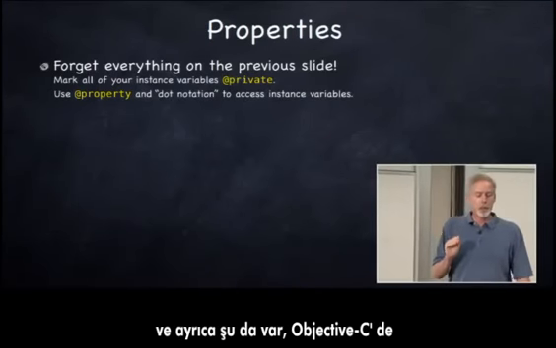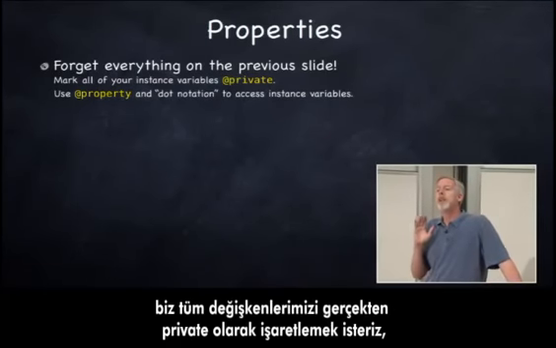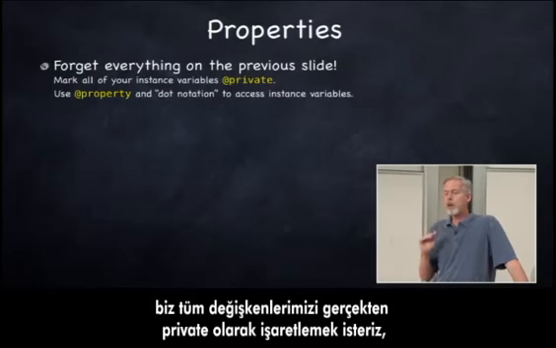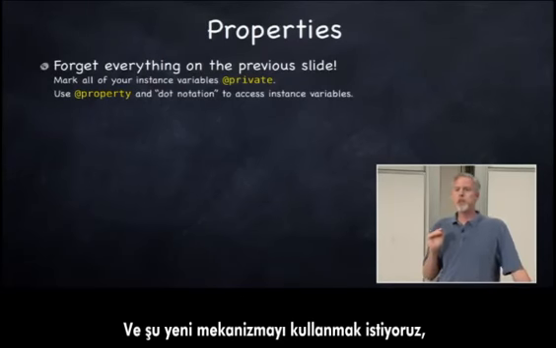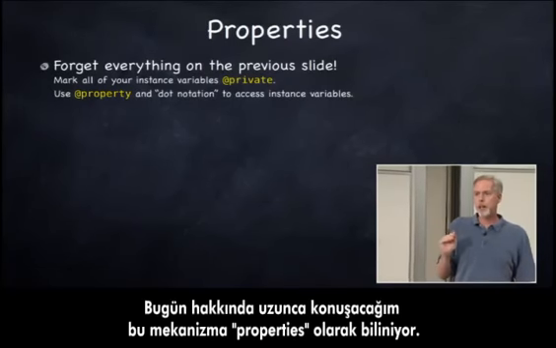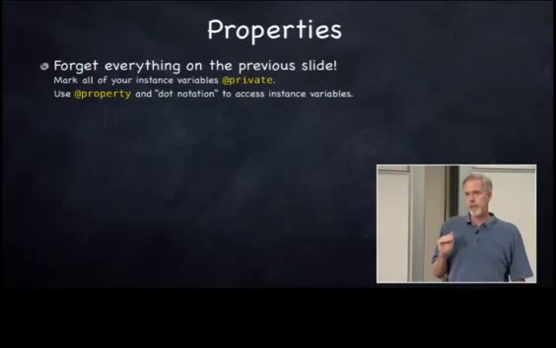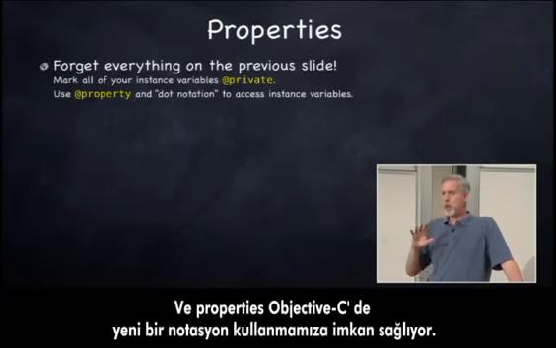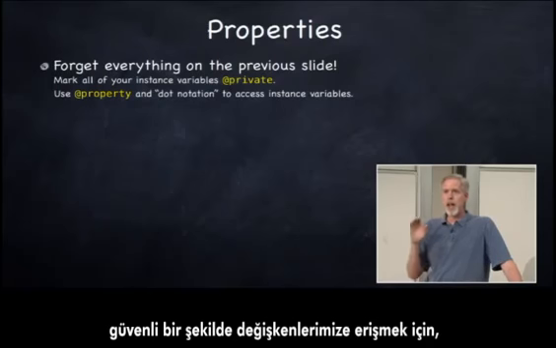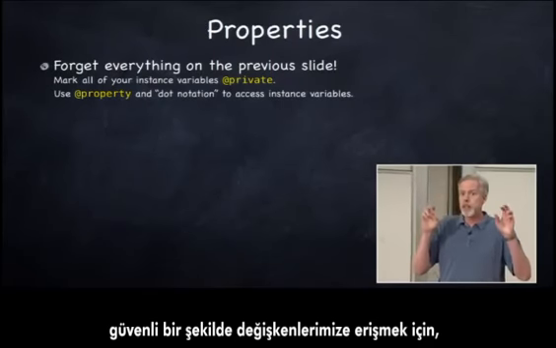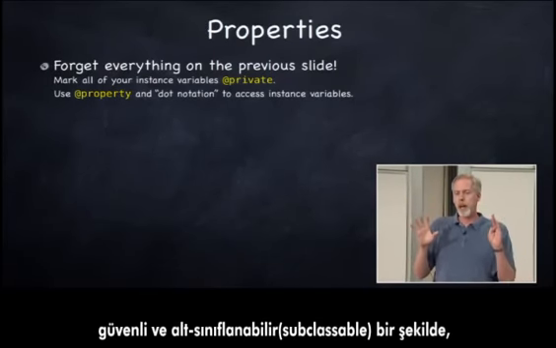Okay? And that's because in Objective-C, really, we want to mark all of our instance variables private, perhaps protected, but likely private. And we want to use this new mechanism, which I'm going to talk about today at length, called properties. Okay? And properties allow us to use a new notation in Objective-C that you haven't seen before, called dot notation, to access the instance variables in a safe, secure, subclassable way.